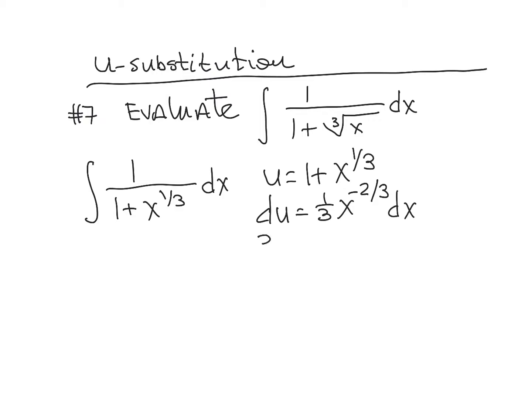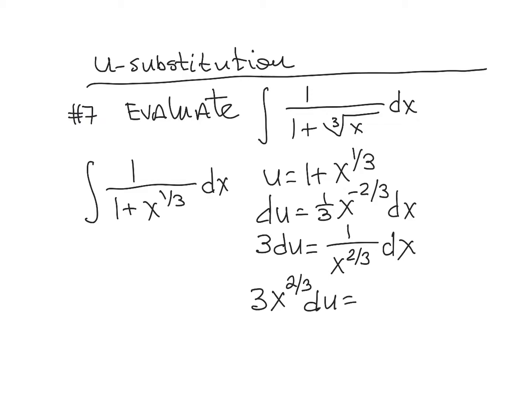3 times du equals 1 divided by x to the 2/3 power times dx. And if we move that to the left, 3 times x to the 2/3 du will be dx. And then we want to solve for x to the 2/3 in terms of u.